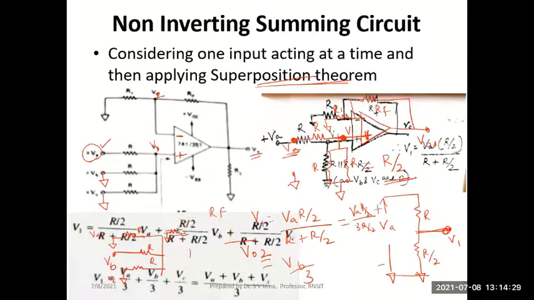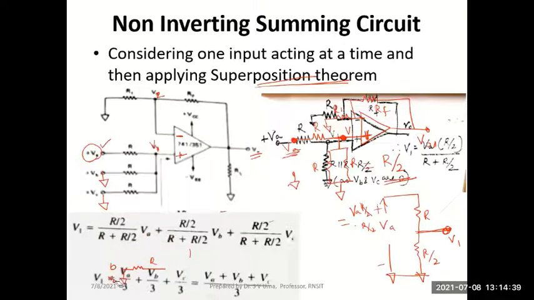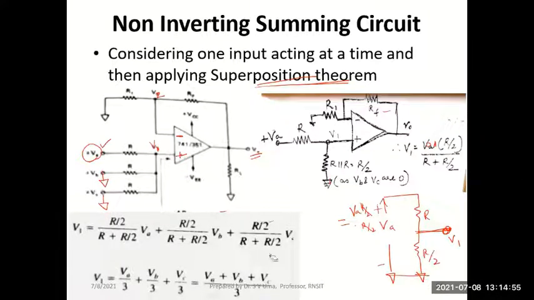How do I use superposition theorem? According to superposition theorem, we will consider individual input signals to exist at a given time, and we'll find the output. Later on, what should I do? I should combine the outputs due to every individual signal, or I should add.